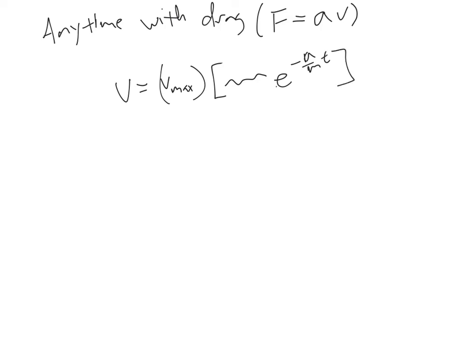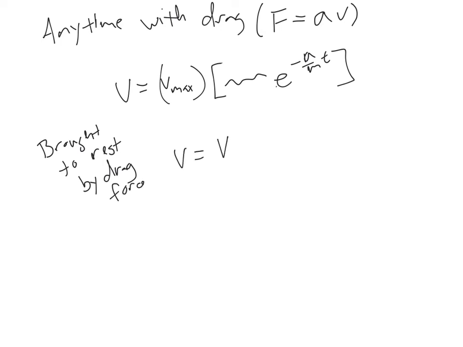Now, the something really depends on what the problem is. So let's say we had an object brought to rest by the drag force. It's going to end up being the initial speed times e to the -(a/m)t.